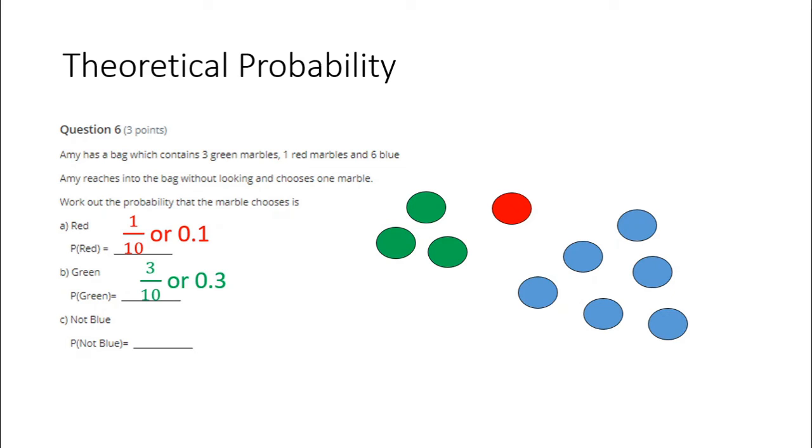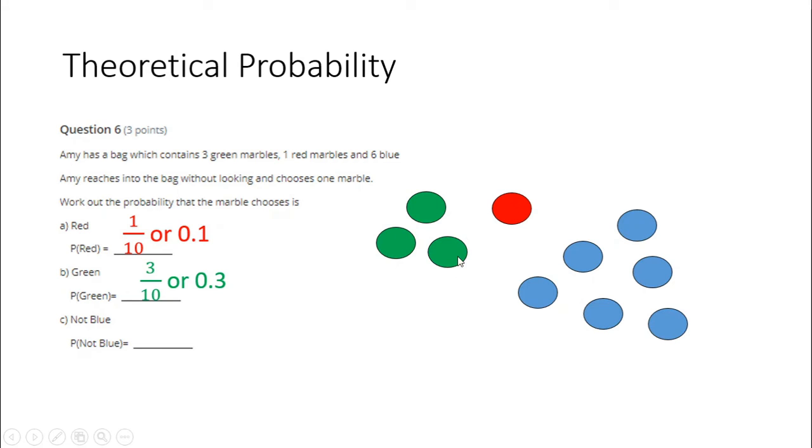Now read carefully. What's the probability that the marble she chooses is not blue? Not that it is blue, that it's not blue. And you should see from my diagram here, that means that it's either red or green. So I could add these two colors together.